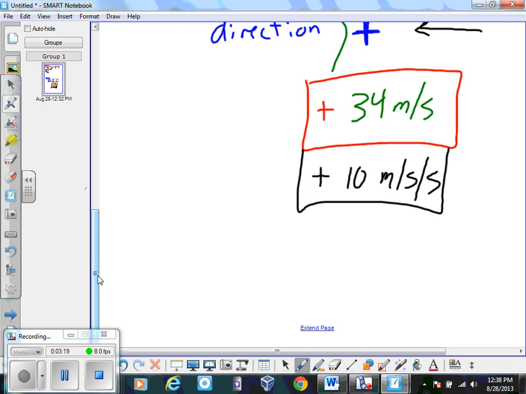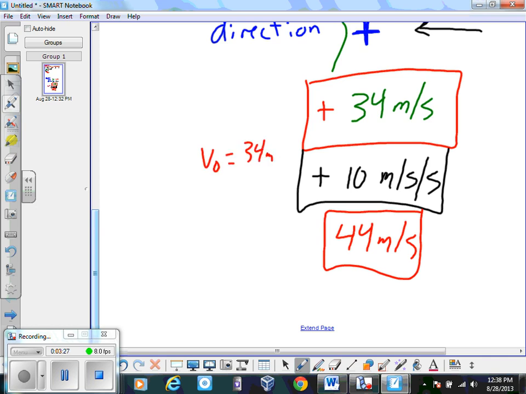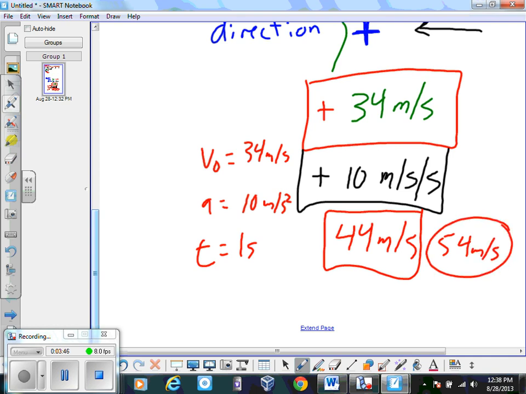Well, I'd be going 44 meters per second if my v sub naught equals 34 meters per second positive, and my acceleration equals 10 meters per second every second positive, then I would add this if my time was only 1 second. Now, if I did that for 2 seconds, then it would be 54. If I did it for 3 seconds, it'd be 64, and so on. So I think you're kind of understanding that part of acceleration and velocity.